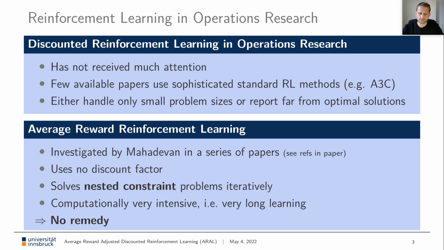These nested constraint problems are interconnected, meaning that if there is an estimation error in one level, this obviously has bad effects for the consecutive constraint levels. In other words, this leads to very computationally intensive learning or long learning times, which more or less means that this is no remedy.